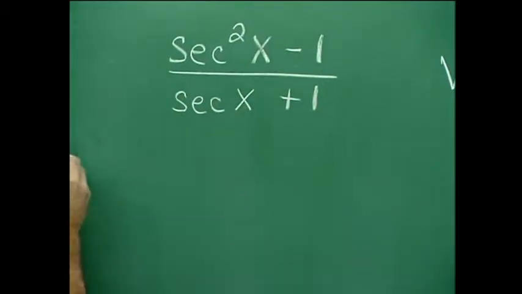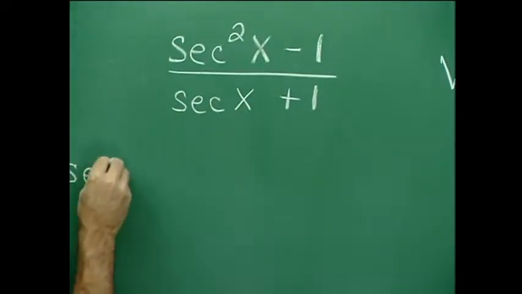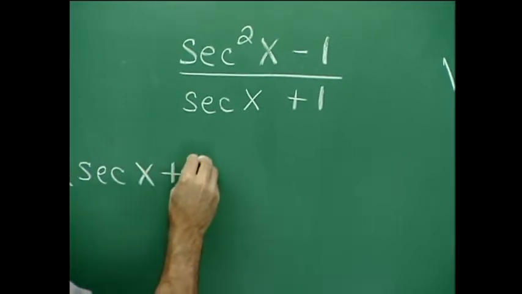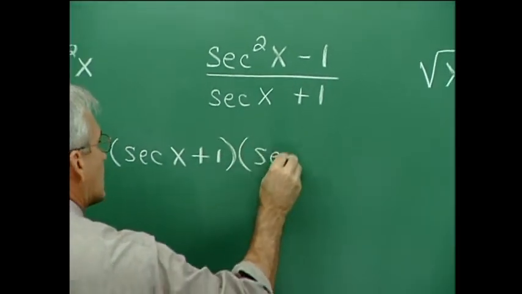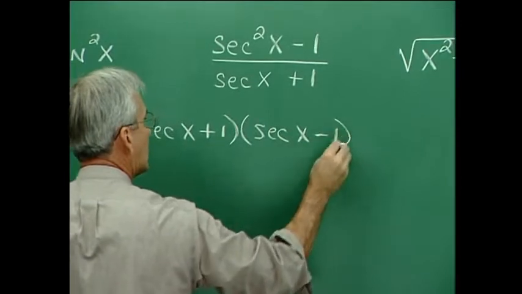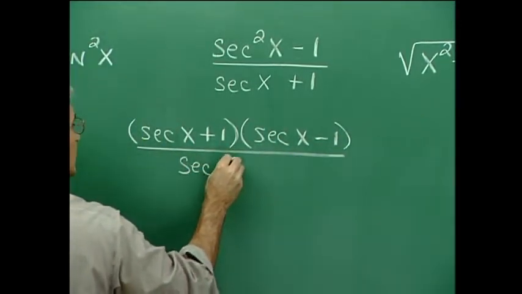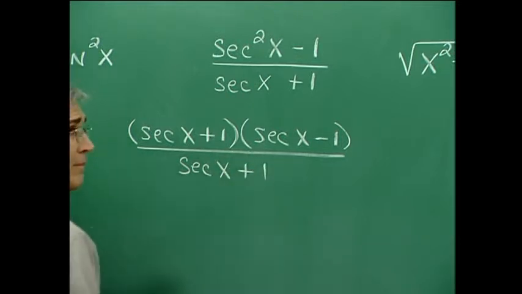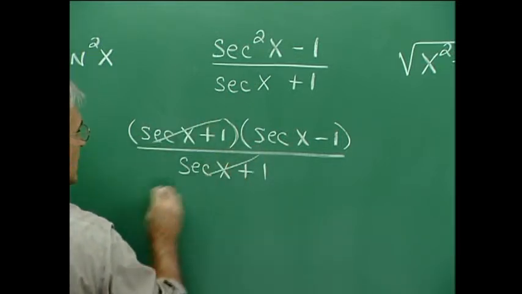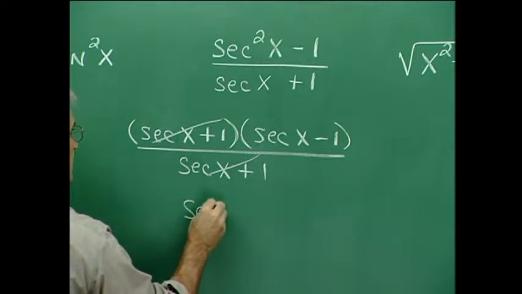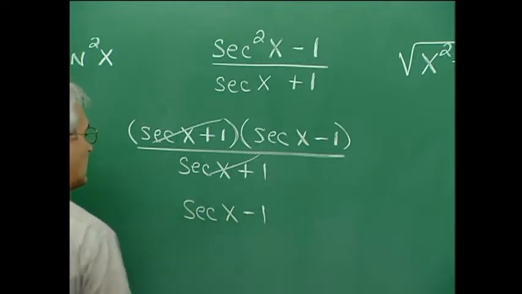It factors into secant x plus 1 times secant x minus 1. And now I bring down the denominator. And oh, happy day, I see a cancellation opportunity here, so this becomes secant x minus 1.